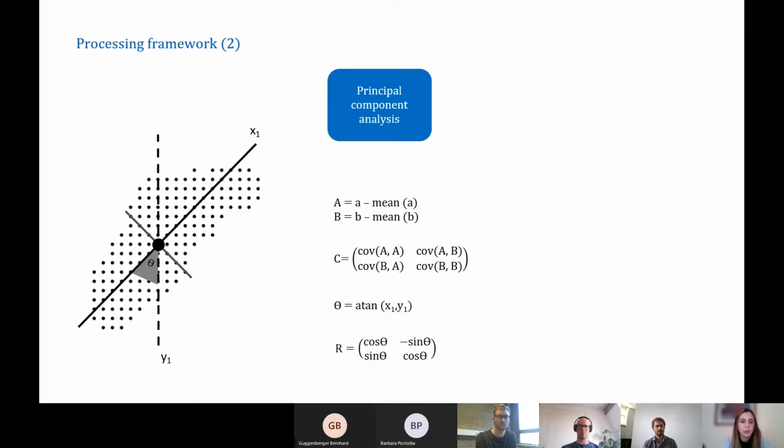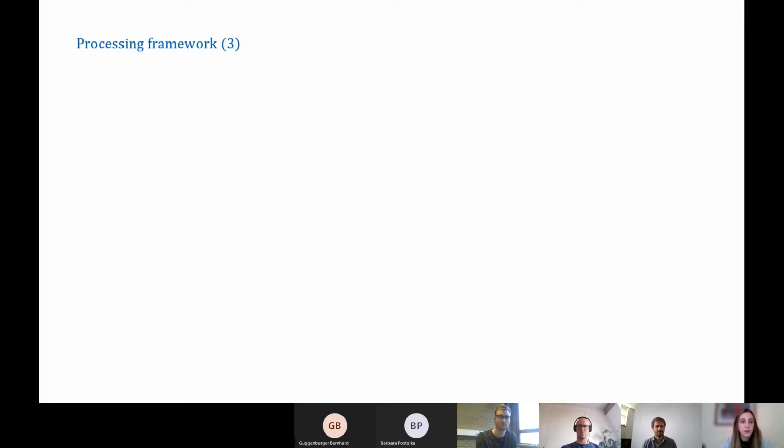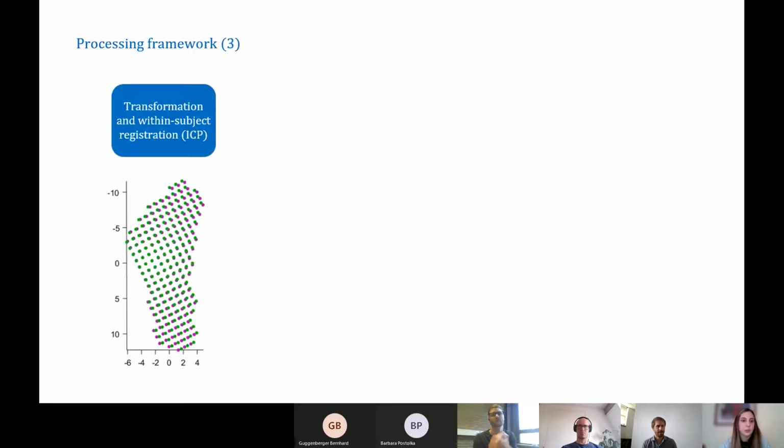We applied this theta to the rotational matrix, having this general form, which allowed us to rotate the pressure images in an anti-clockwise manner to vertical. After this, we retransformed each pressure image to a point cloud, and we re-performed within subject registration with the rigid ICP algorithm.